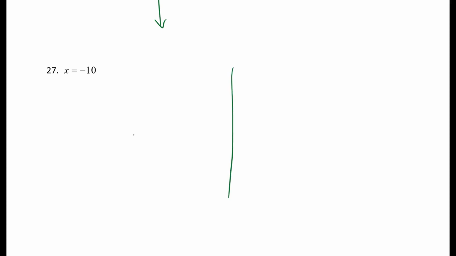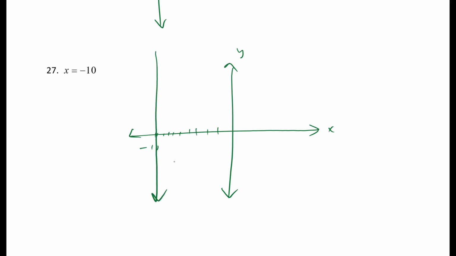This is the set of all points in the graph where x is negative 10 and y can be anything. So if y can be anything, it's going to be a vertical line at x equals negative 10.